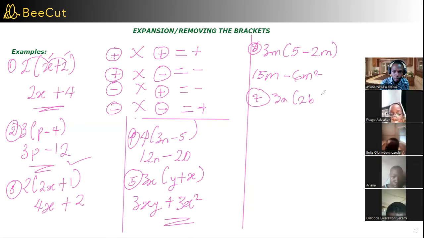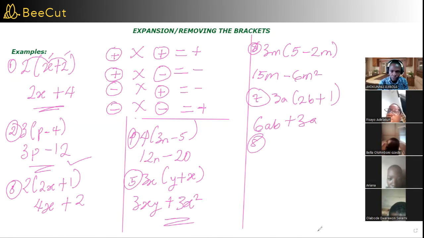So with that, I have 3a times 2b. That is 3 times 2 is 6, then I have ab. Then 3a times 1 is 3a. Okay. I have a few more examples to go. Then I will allow you to write down. Then I'll give you your classwork.